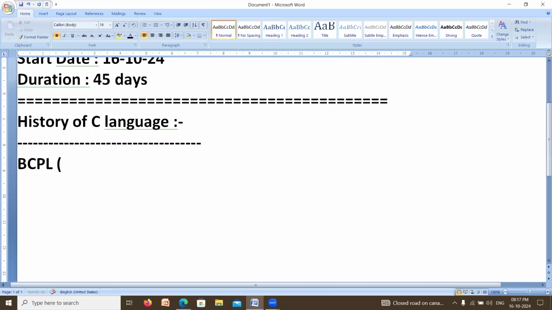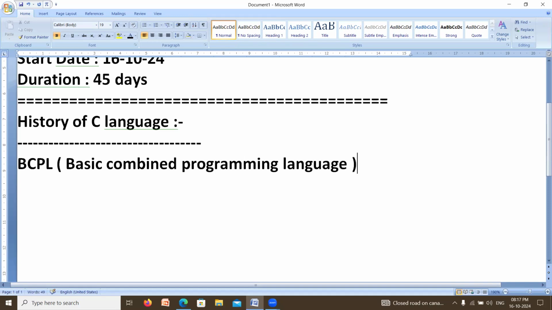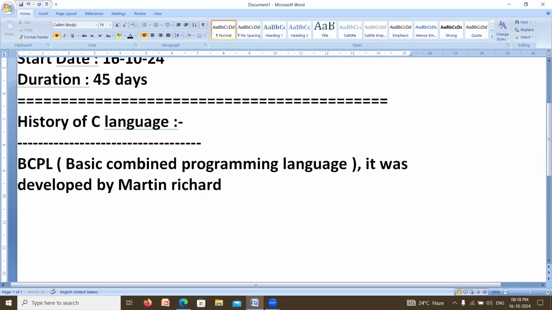It means Basic Combined Programming Language. Actually, it was developed by Martin Richard. Martin Richard is the developer of this BCPL.